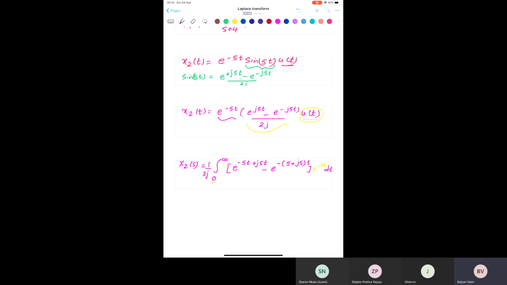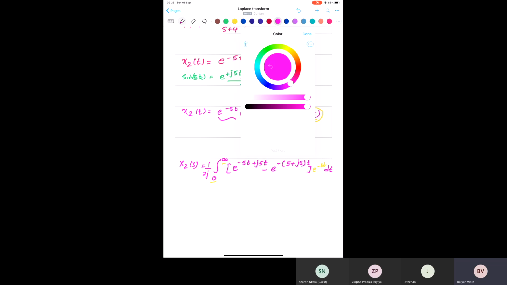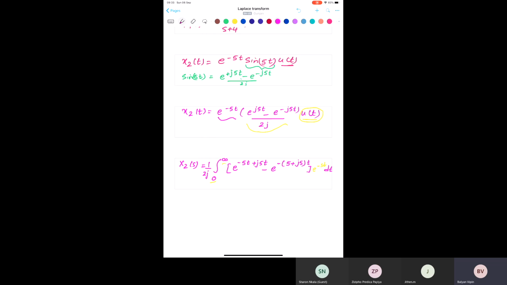I wrote it with a different color so that you can understand that this is due to the formula of Laplace transform, e raised to the power minus st. So now if you take everything inside and solve it, it will be 1 upon 2j integral 0 to infinite.